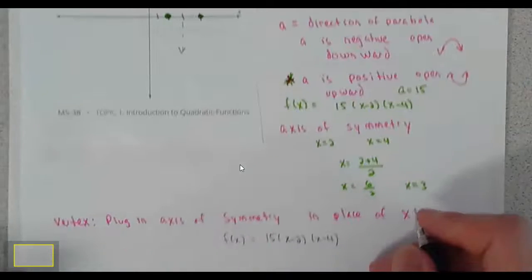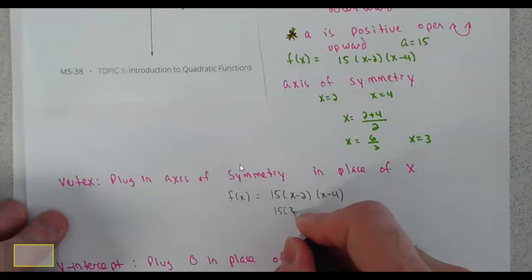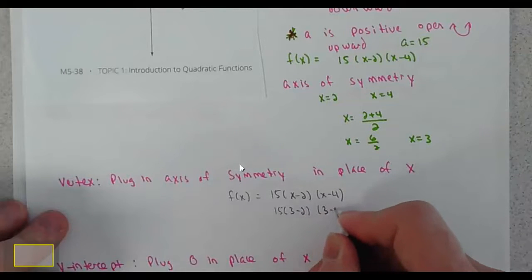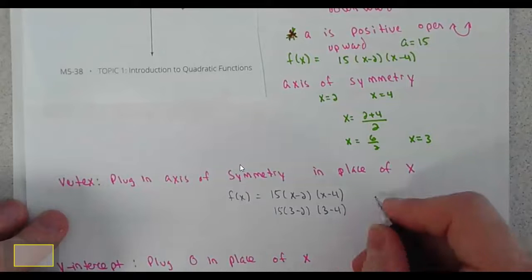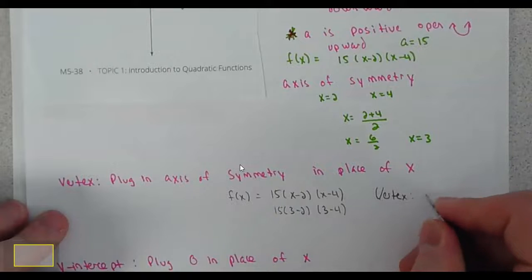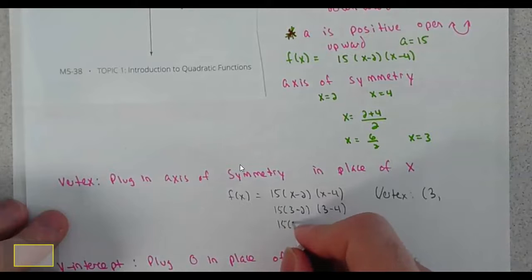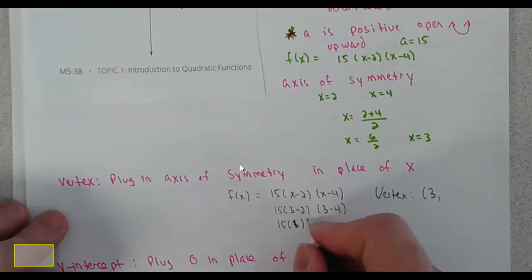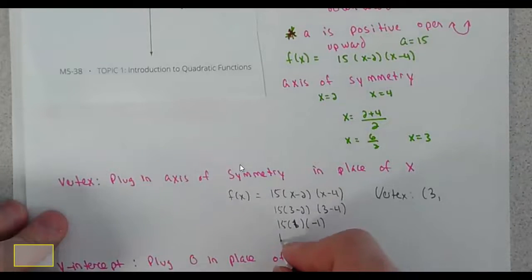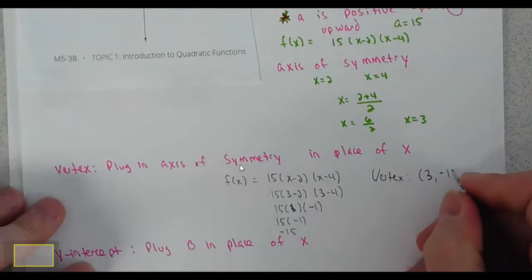I'm going to plug 3 into this equation: 15 times (3 minus 2) times (3 minus 4) to find my vertex. I know my vertex's ordered pair is going to be (3, something). So 15 times 1 times negative 1, which is 15 times negative 1, so it's going to be negative 15. My vertex is going to be at (3, negative 15).